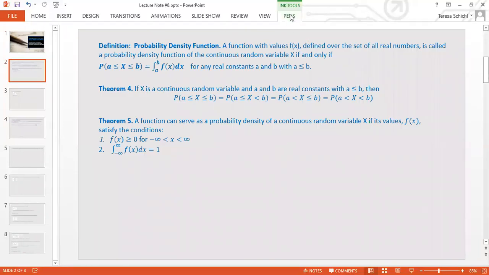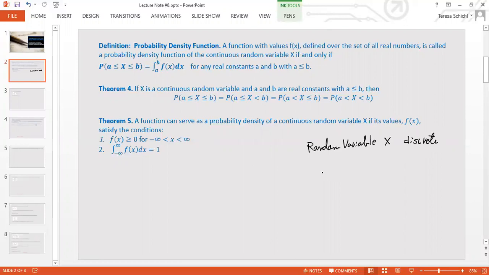Let's do a brief review of what we learned for the discrete case. We talked about the random variable x. If x is discrete, that means the values of x are countable.